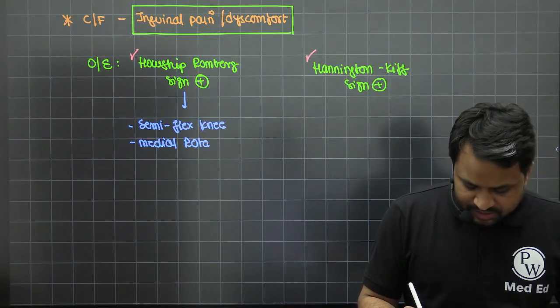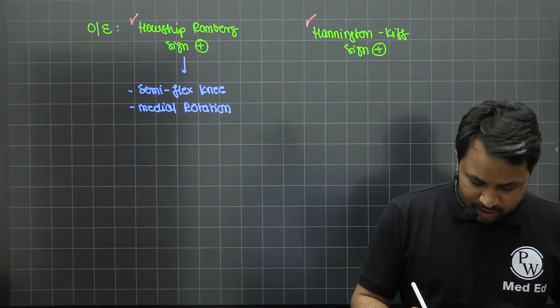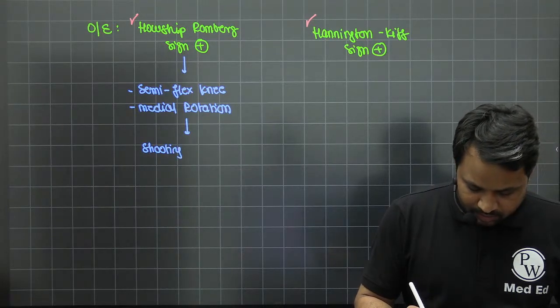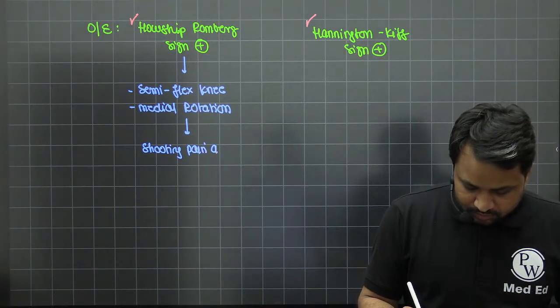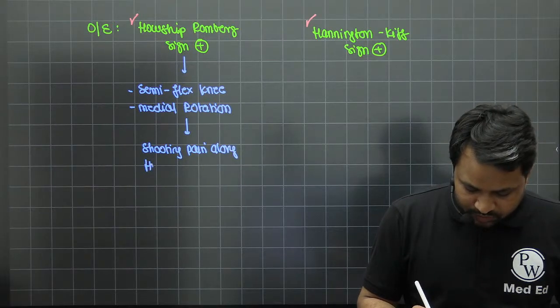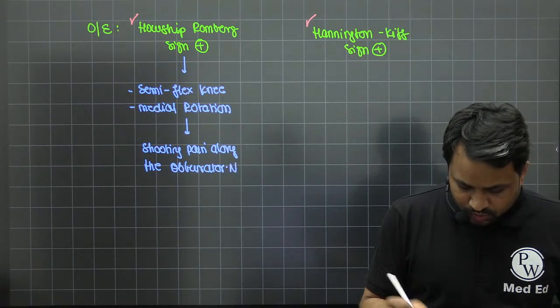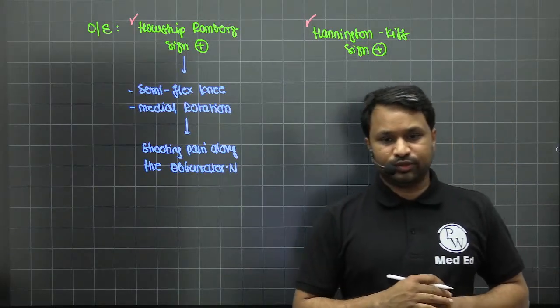Now when you semi-flex the knee and cause medial rotation, you see there will be a shooting pain along the course of the obturator nerve, right?